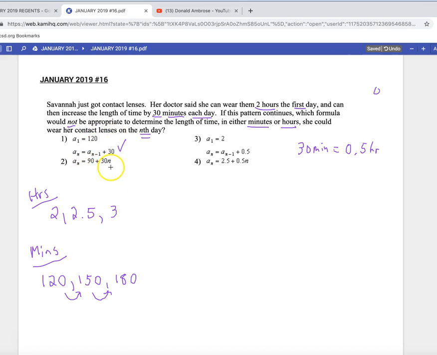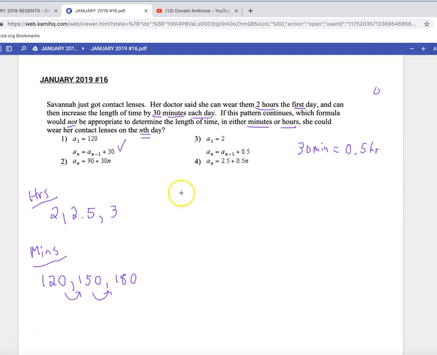So now we can move on to choice 2. This is an explicitly defined formula, and it's in terms of n. We're dealing with the nth day. On the first day, she should be able to wear her contact lenses for either 2 hours or 120 minutes.